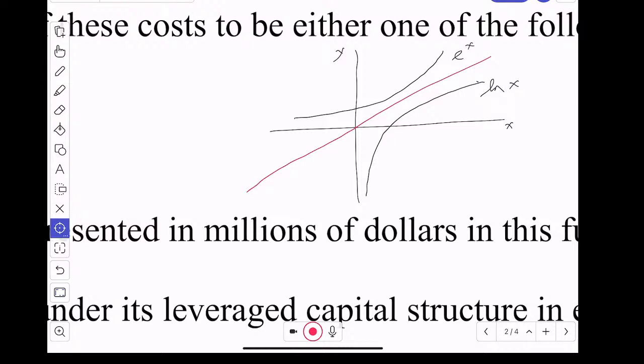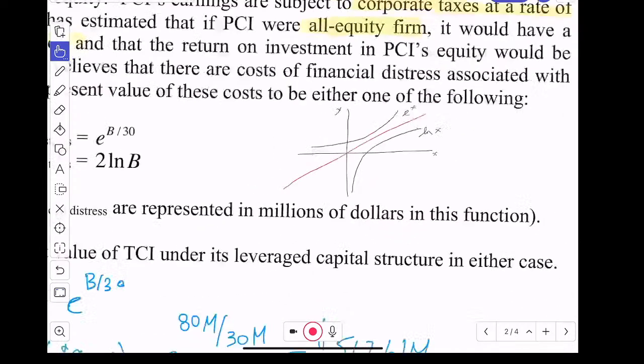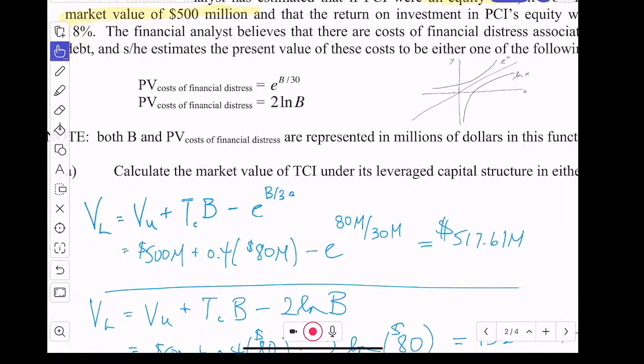And this is an increasing function. If I subtract an increasing function, then the other function will go eventually down. So that's why this one will take the shape that I'm looking for. This one will take a curved shape like that. And I might be able to find an optimal level of debt.